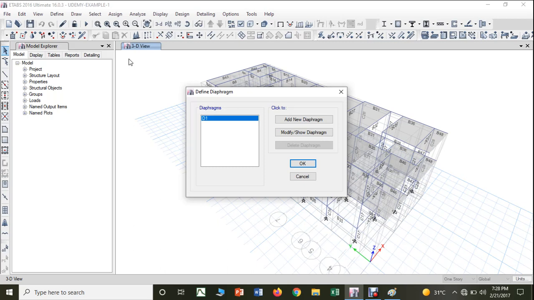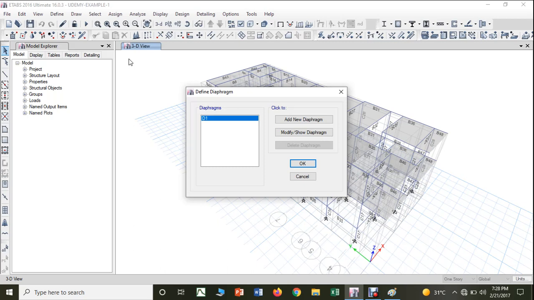That is why, especially when it comes to analysis of your slabs, the software has to consider all the slabs together. Otherwise it will affect the results and the design becomes a little complicated. In order to avoid that, we have an option called a diaphragm.